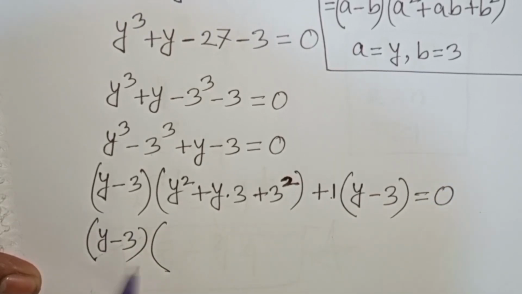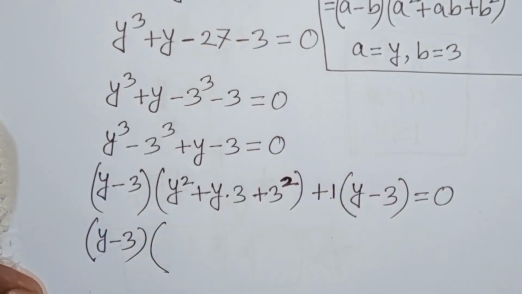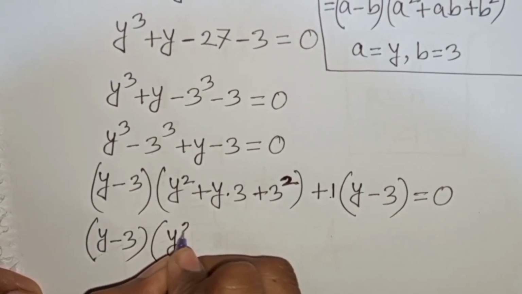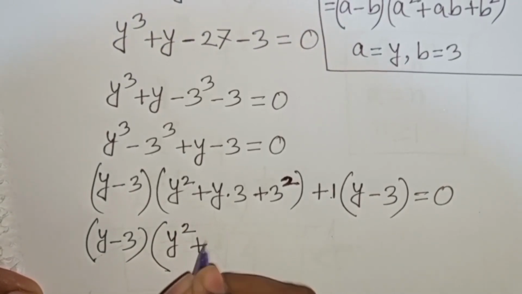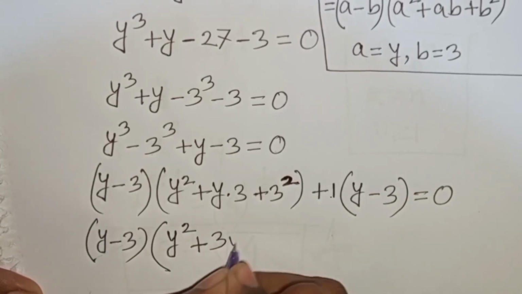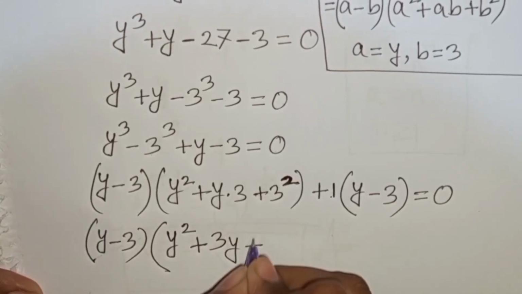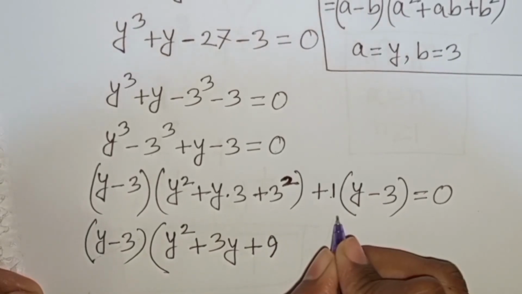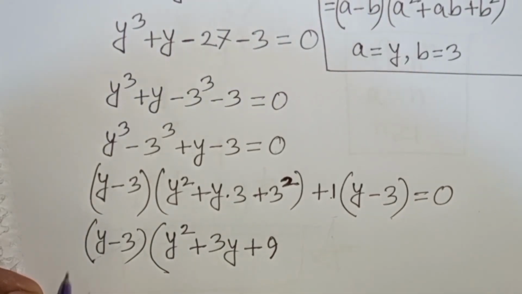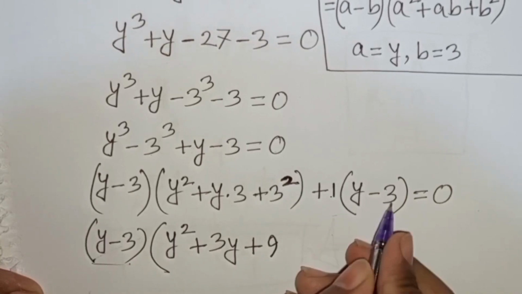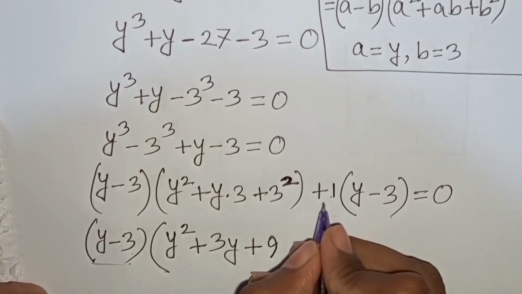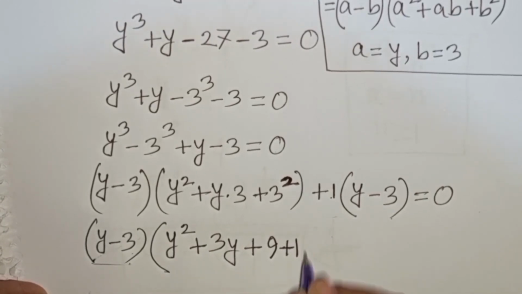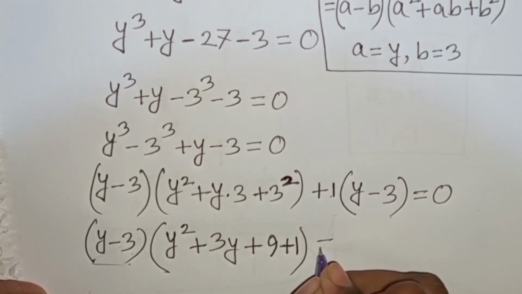So this divided by this, y minus 3 will be cancelled, so we have y square plus y times 3, that means 3y, plus 3 square is the same as 9, then this divided by this, this y minus 3 will be cancelled, so here plus 1, then bracket close is equal to 0.